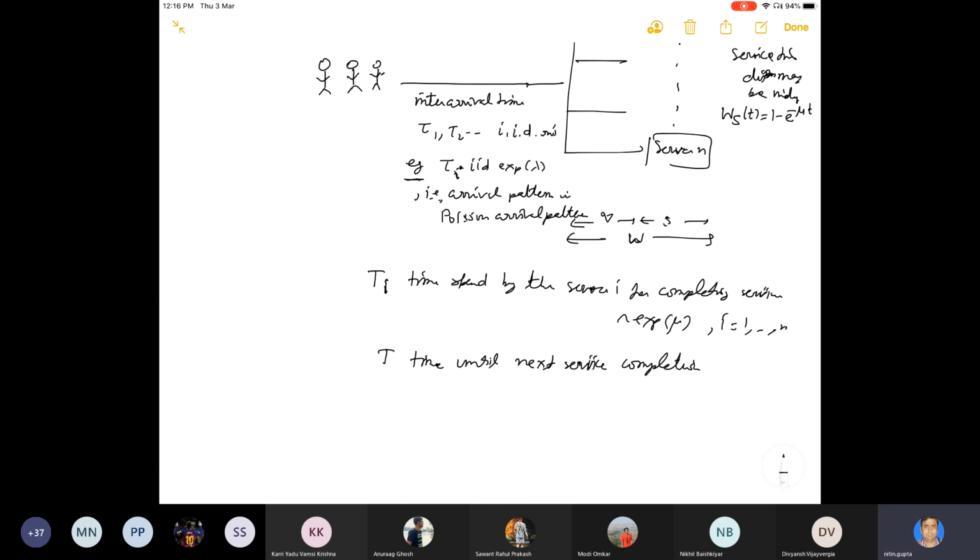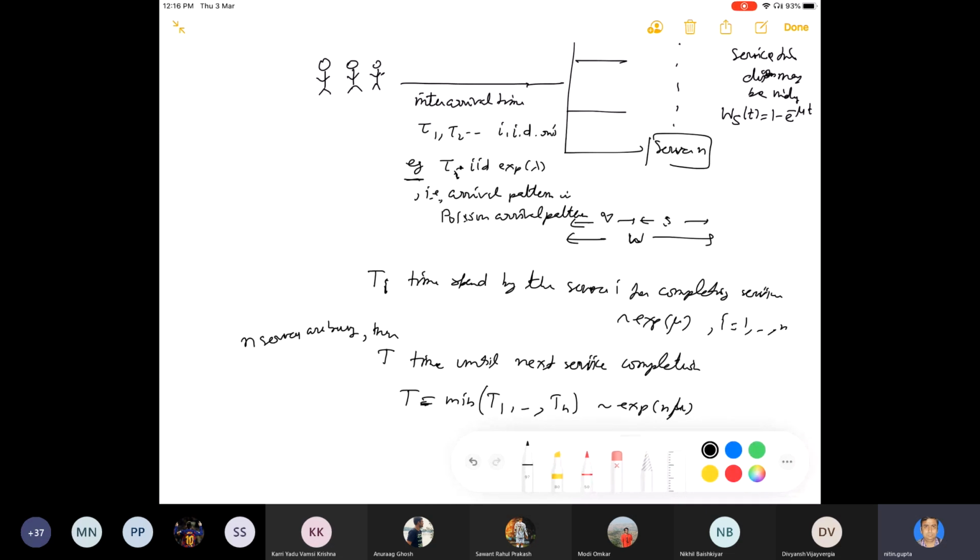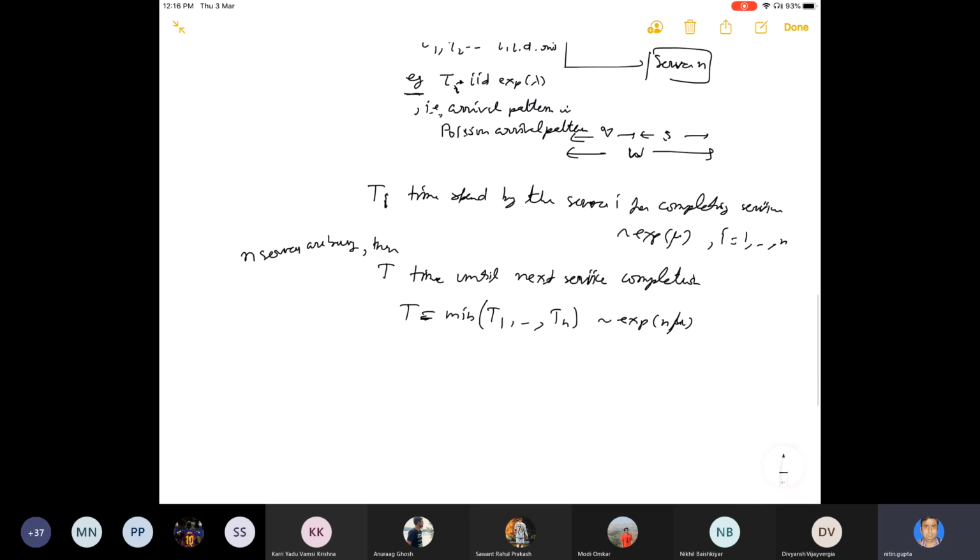Let us denote by t the time until the next service completion. Then t is nothing but the minimum of t1, t2, ..., tn. So this is clearly exponential with parameter n mu. As we have already done this kind of analysis, the minimum is basically exponential with n mu.